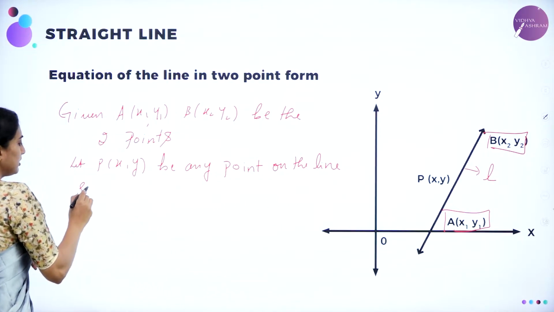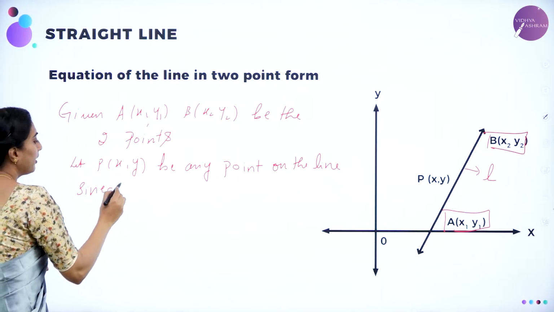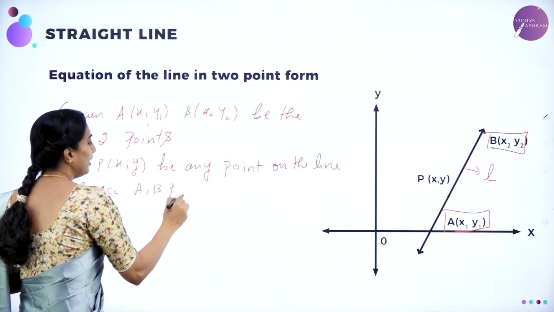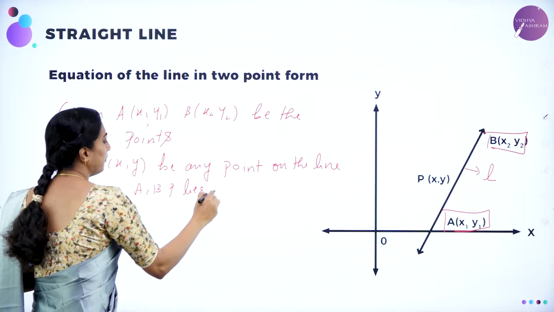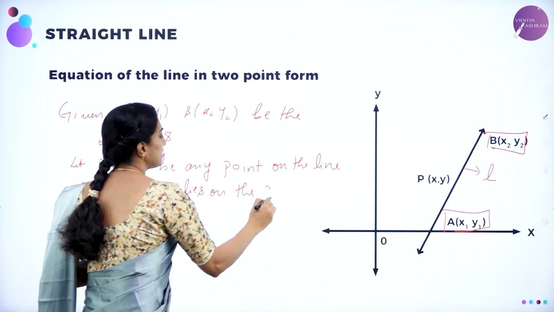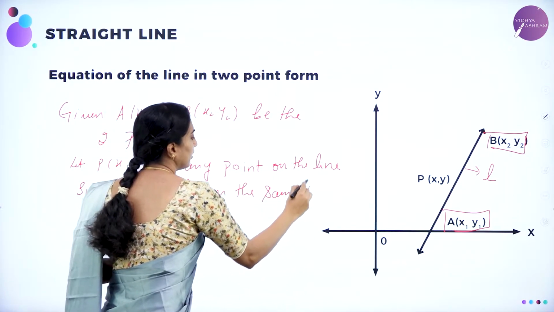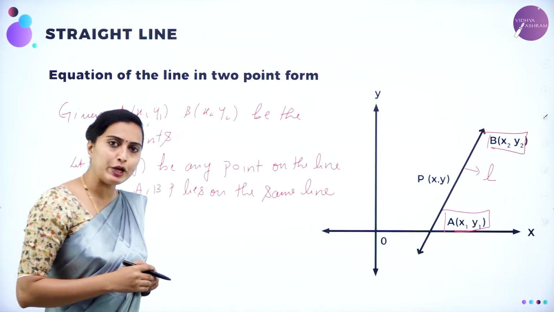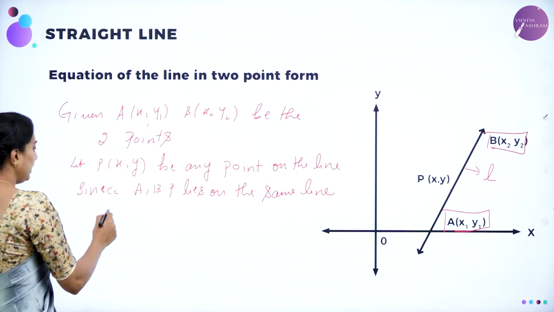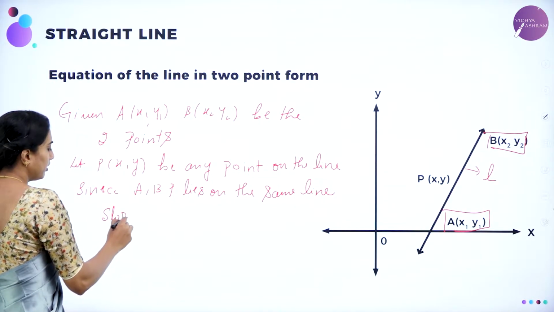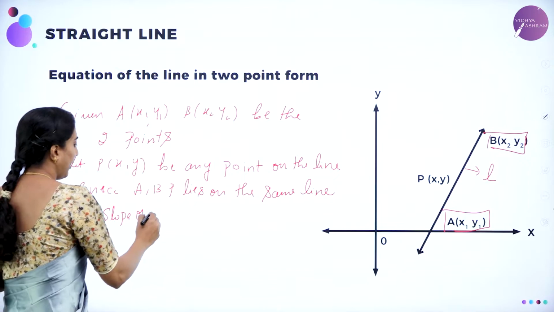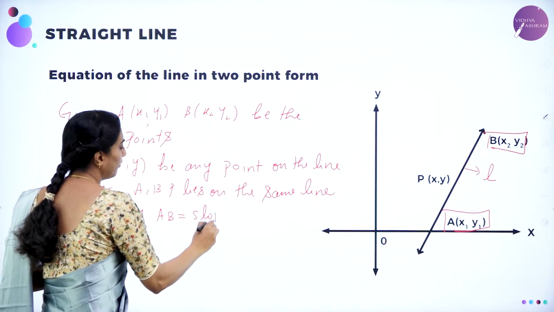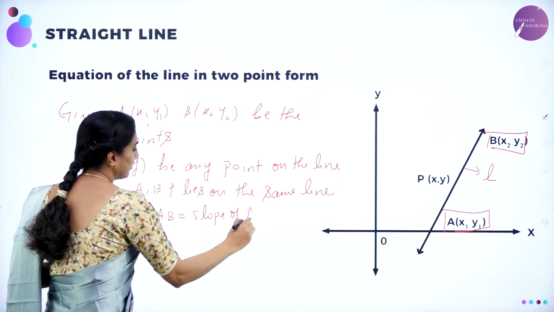Since A, B, P lie on the same line, the points are said to be collinear. Therefore, we can equate the slope of AB to the slope of AP.